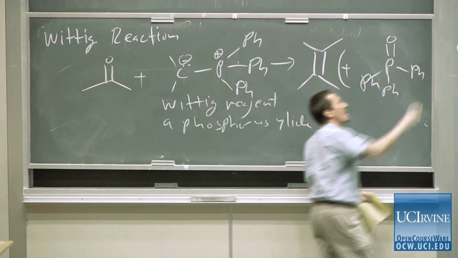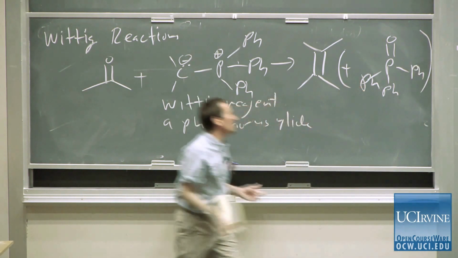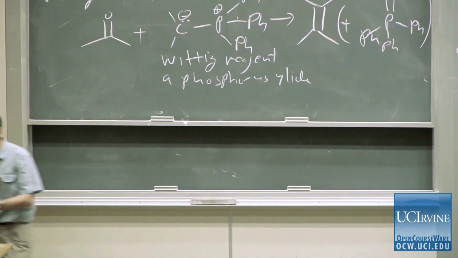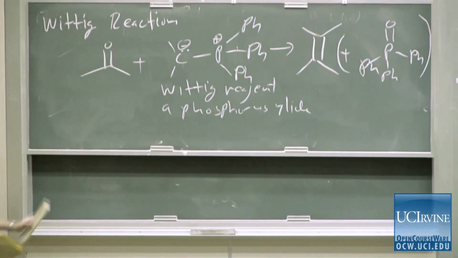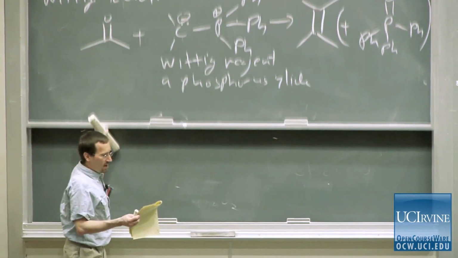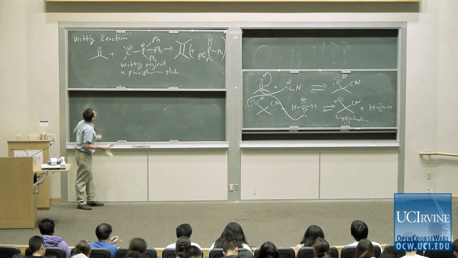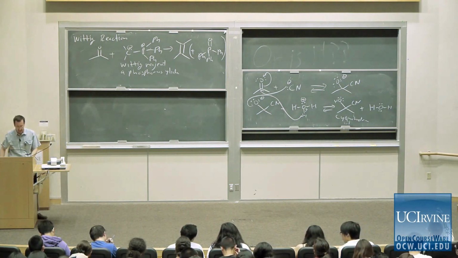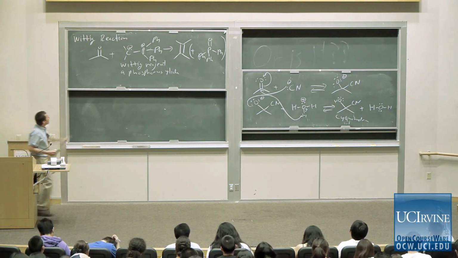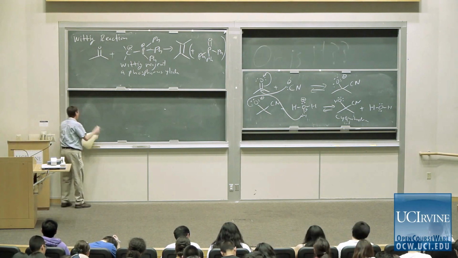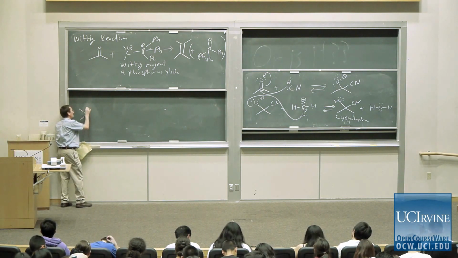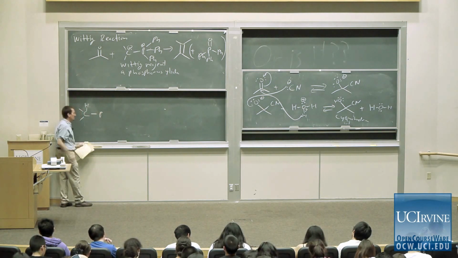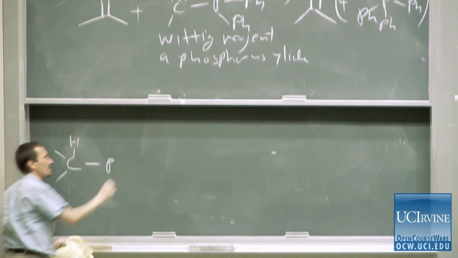Triphenylphosphine oxide is not only something that's easy to forget about as a byproduct of reaction, it's also a pain in the neck to get rid of if you're carrying out the reaction in the laboratory. All right, there's a lot of anatomy here. One of the things you'll find is in shorthand, we often write Ph as a phenyl group. So I'm going to write things out in longhand now for the conjugate acid of the phosphorus ylide.